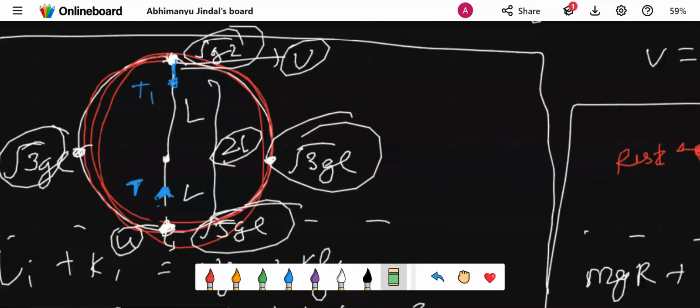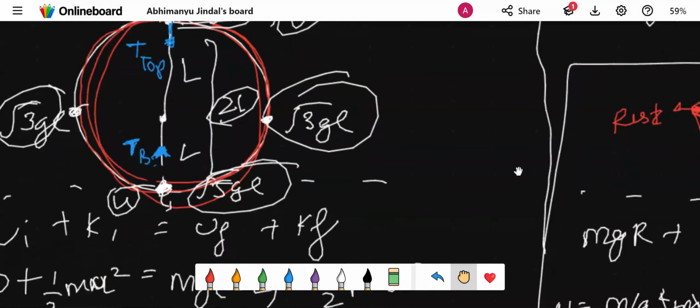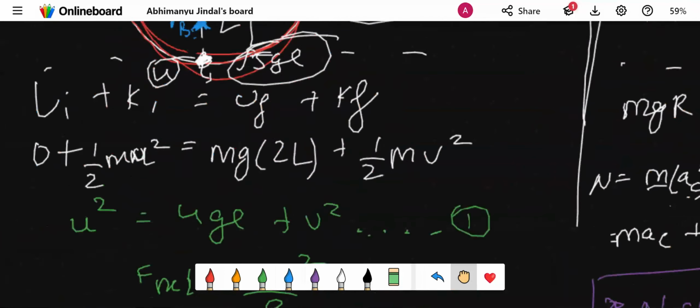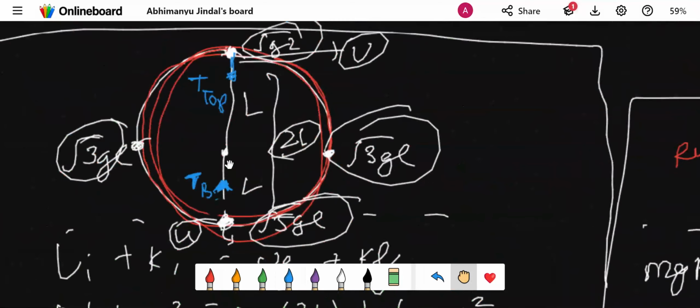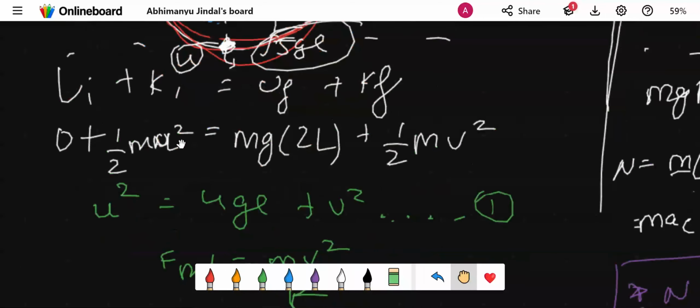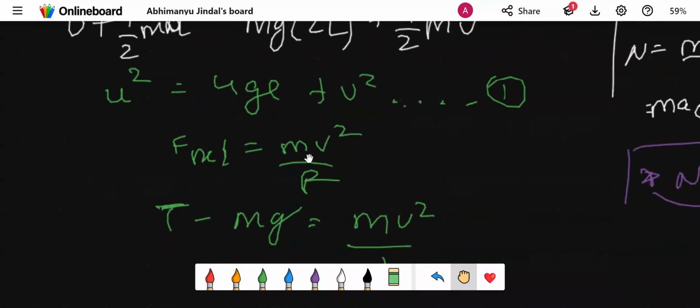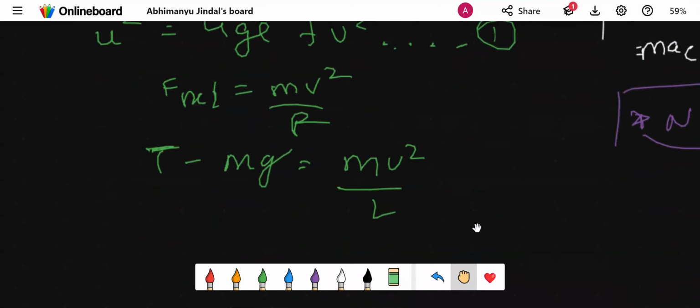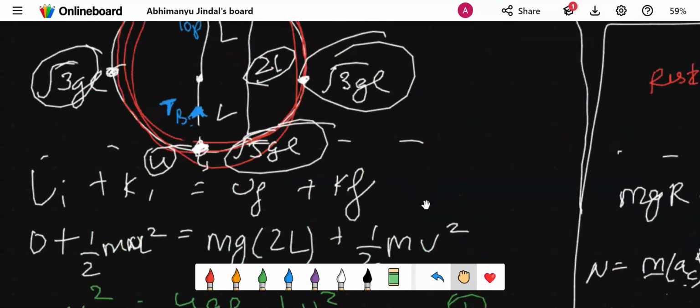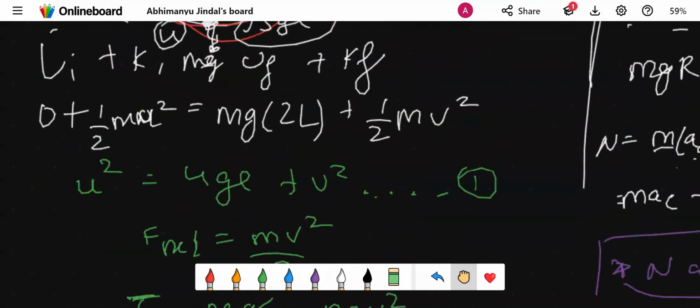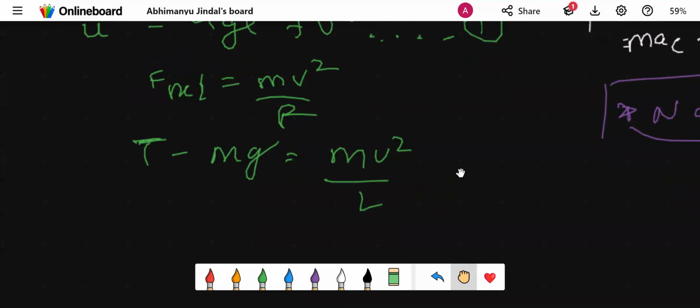Or let's say tension at bottom, tension at top. So this first equation is by energy conservation, which is half mu square equals this. The second one is by F net equals mv square by r. So tension, which is upwards, and mg, which is downwards. So tension minus mg will give you F net, which is mu square by L, which is the centripetal force.